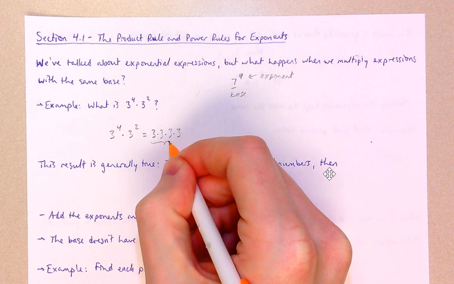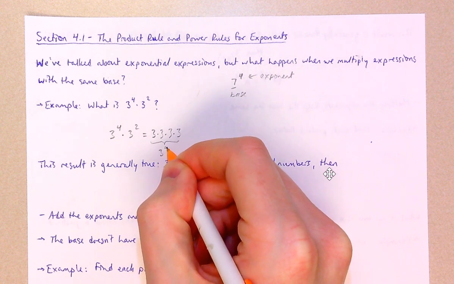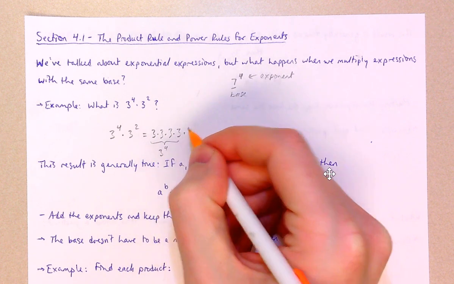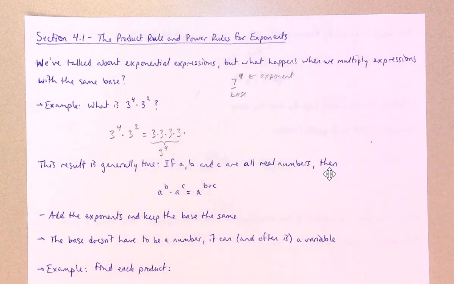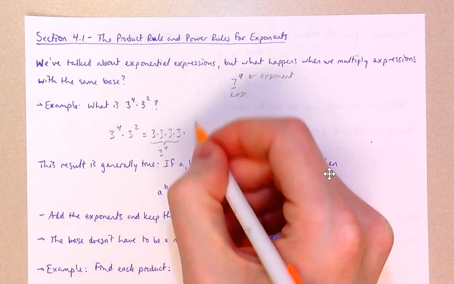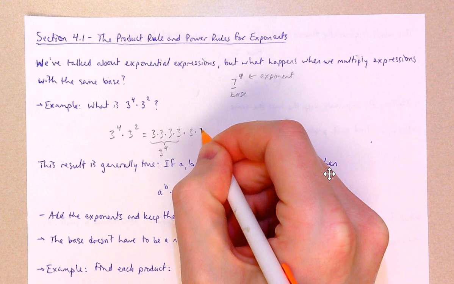And then times 3 to the power of 2, or 3 squared, is just 3 times 3.